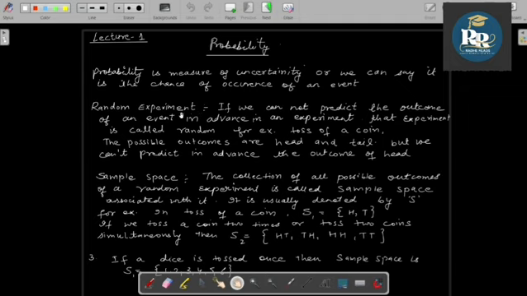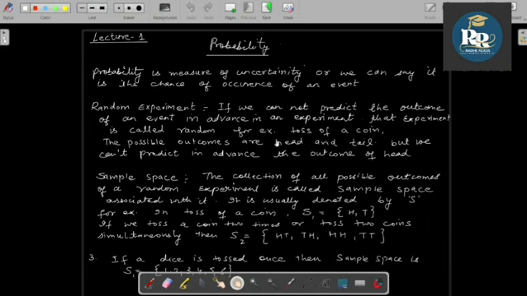So first is random experiment. So what is the random experiment? The random experiment is the one in which we are not sure about the outcome, or I can say the experiment in which we cannot predict the outcome of an event in advance. Okay, so that experiment is called random. For example, toss of coin.